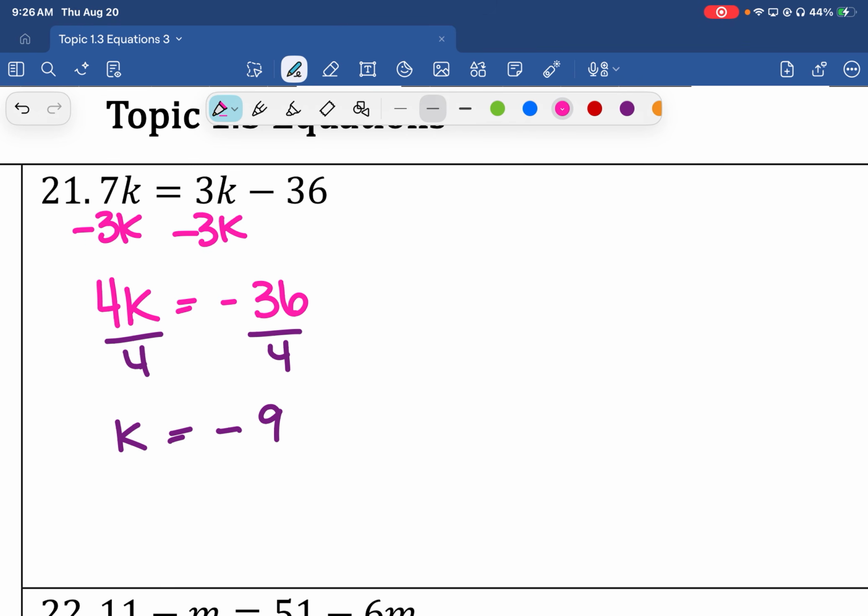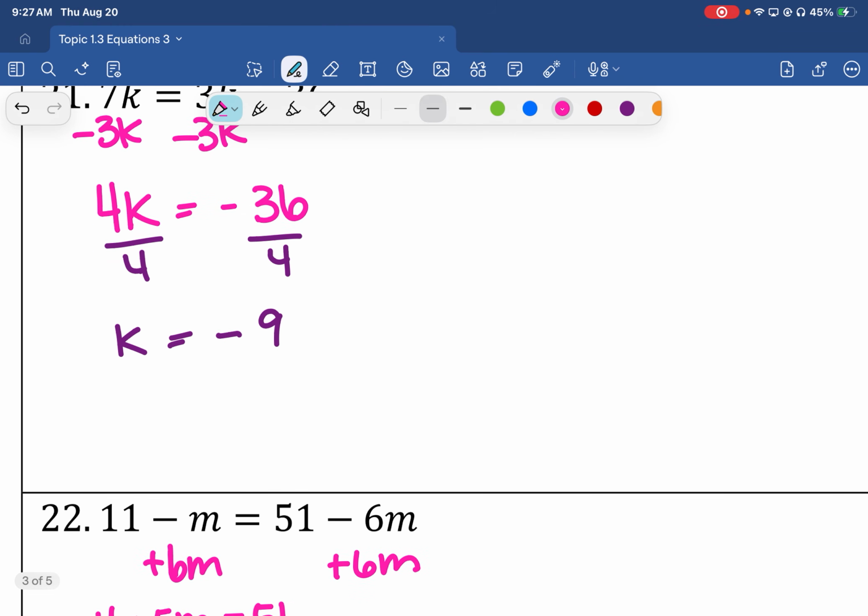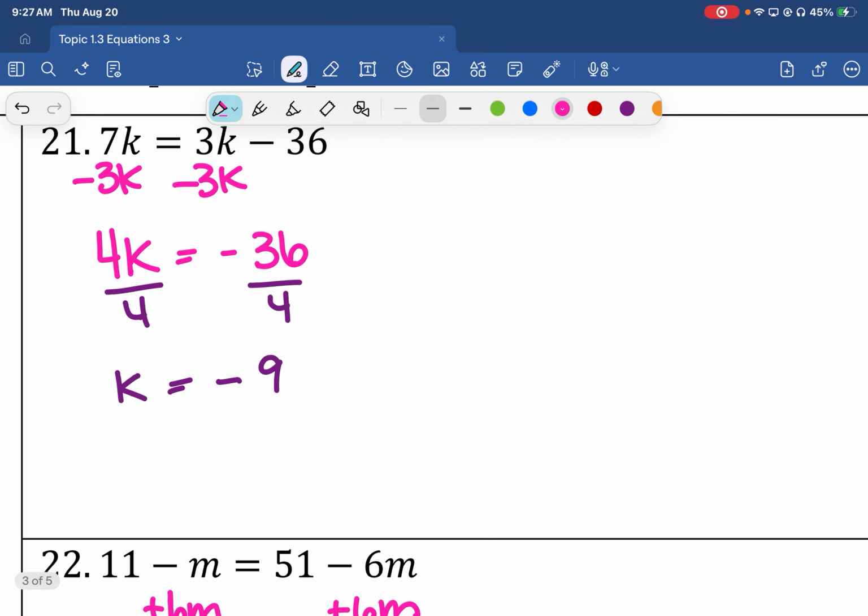All right. Number 22. What did y'all get for the answer? I got positive 8. Okay, so let's look. We have our equation here. You can start by moving anything around. I personally chose to move the 6m first just because I like trying to get all of my things positive.